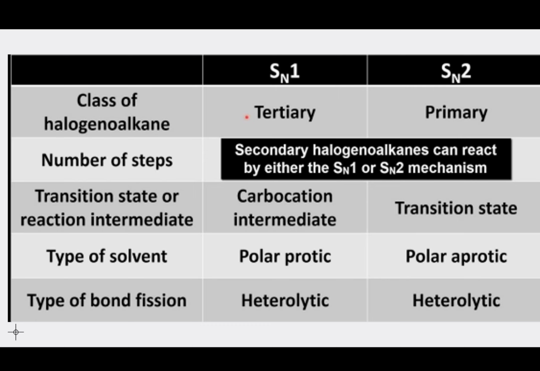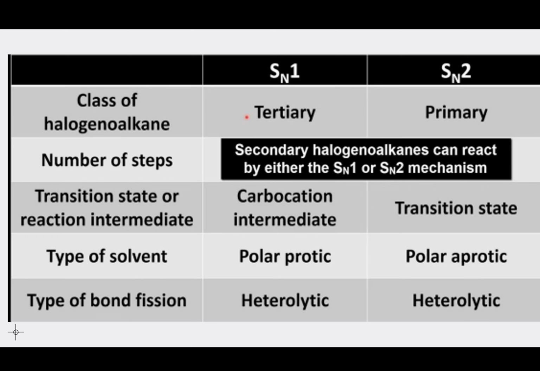The secondary halogenoalkanes can react by either SN1 or SN2 mechanisms, by the way. That's interesting. Here we have now the transition states, or reaction intermediate.